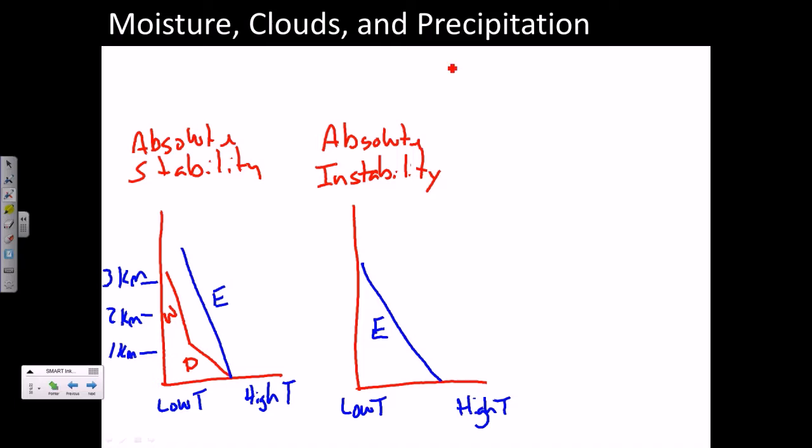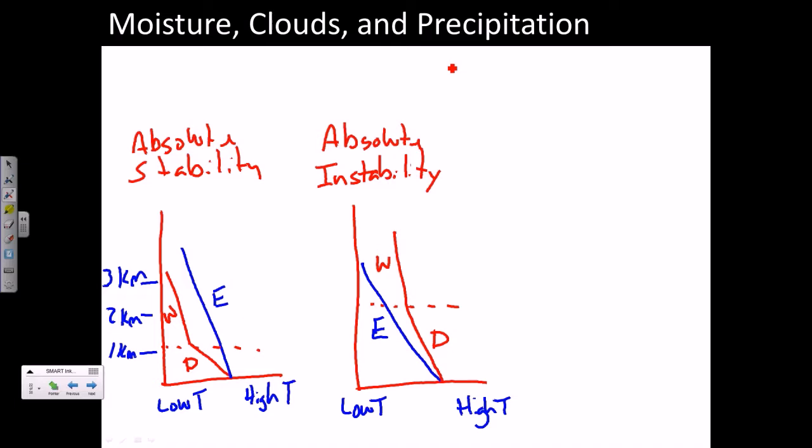And then both the dry rate and the wet rate, wet and dry down here, are going to be higher temperature. So when it's absolutely unstable, you've got higher temperatures in the parcel because it's more buoyant, and then the surrounding air keeps rising up, and that creates a situation where you can get severe weather.